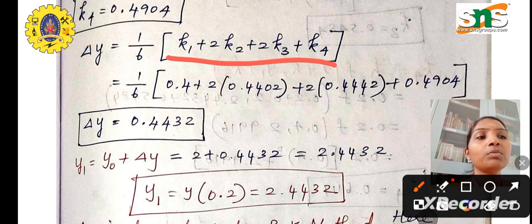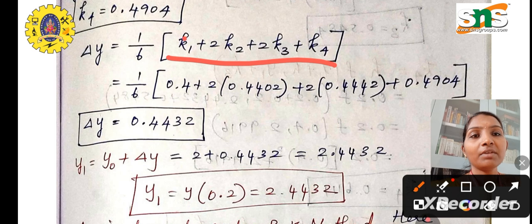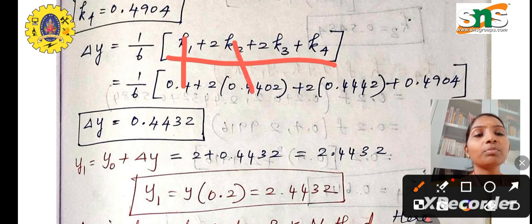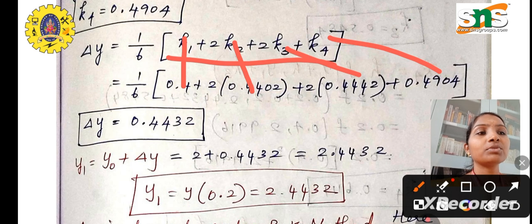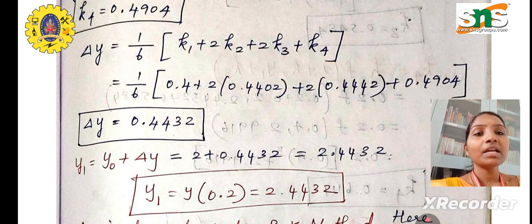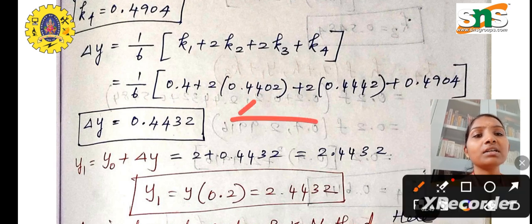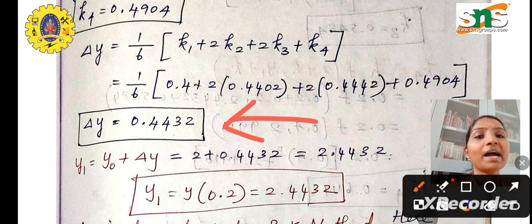This is what our formula says, and which is equal to 1 by 6 into k1 is 0.4, k2 is 0.4402, k3 is 0.4442 and k4 is 0.4904. And what is del y?